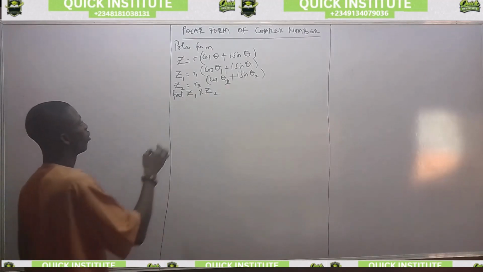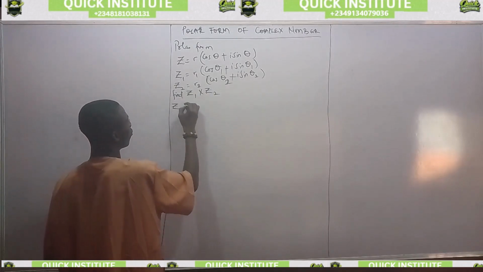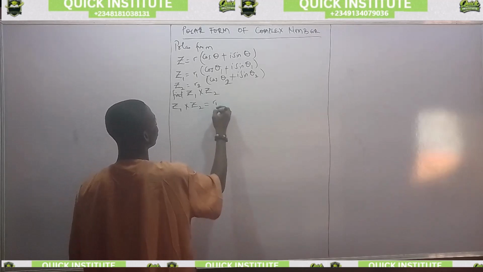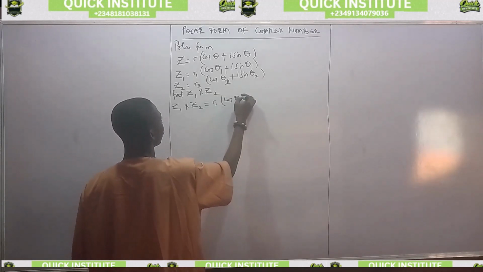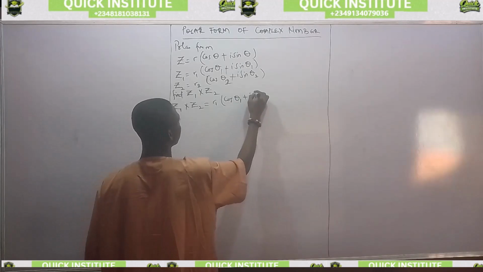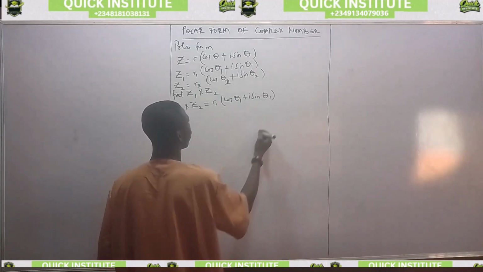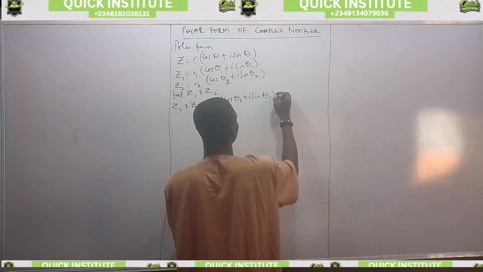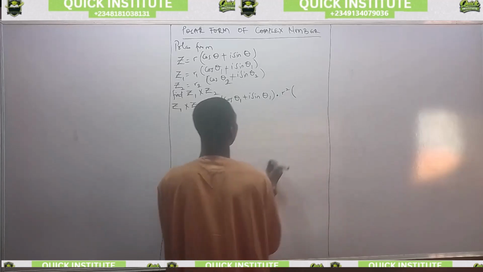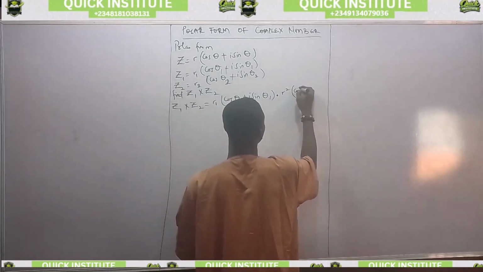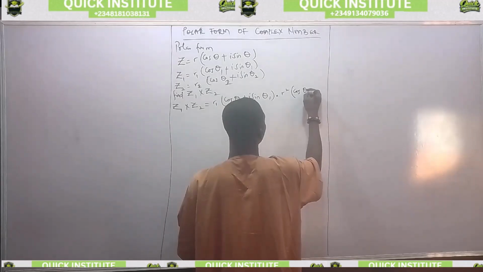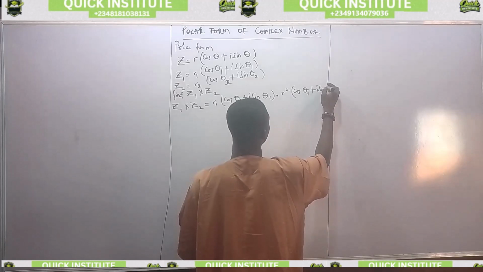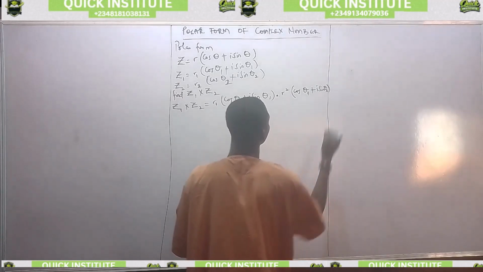From here, you can say z1 multiplied by z2 equals r1 (cos theta 1 plus i sin theta 1) multiplied by r2 (cos theta 2 plus i sin theta 2).